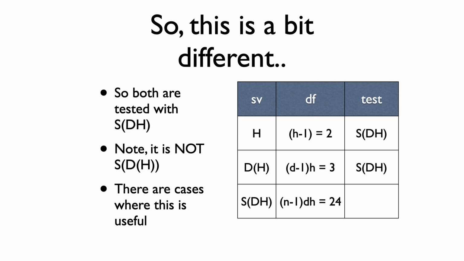So we're going to test both of these effects, hospital and drugs in hospital, with the subject vector. So when you do the analysis of variance, you would do that. Now, if you were doing this in SPSS, and you can do a design like this in SPSS, you have to specify the whole model. I don't know if I've posted one yet about how to do that, but it's pretty simple. But you do have to know all the sources of variation.